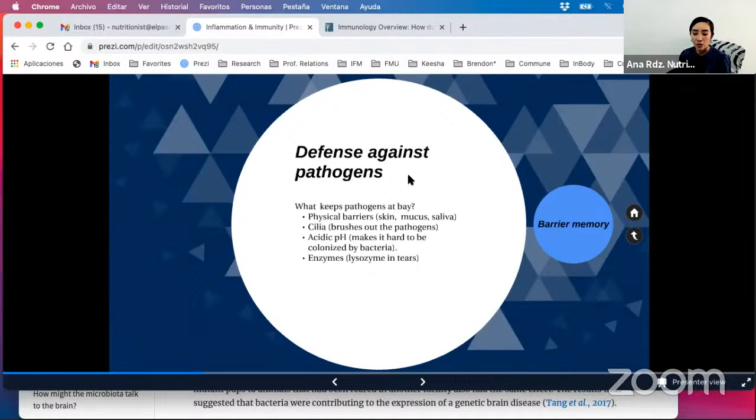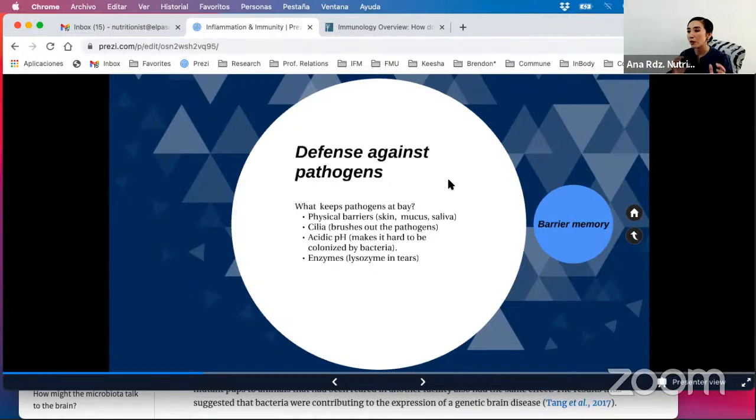Well, it's going to be the physical barriers. As I said before, it's going to be the skin. The skin is one of the most important parts of the immune system right here, the mucus and the saliva. So I would like to link them together and say that mucosal barriers are the most important things.